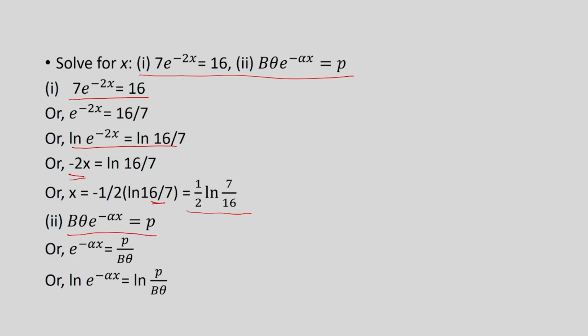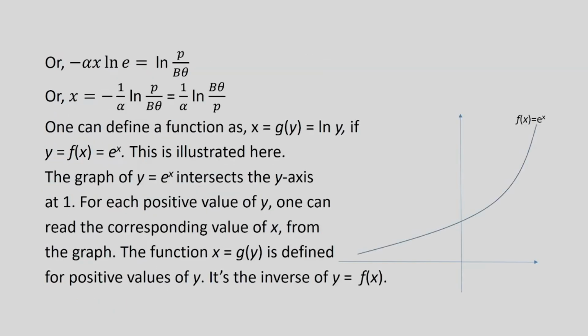So, I take these constants b theta to the right hand side, and then I take the natural log of this e, log of e to the power minus alpha x is equal to log of p divided by b theta, and this will simply become minus alpha x, right, because log of e is equal to 1, and on the right hand side I have log of p divided by b theta, and so I get x is equal to 1 divided by alpha, minus of that, multiplied by log of p divided by b theta, and again I use the rule for quotients and I get 1 divided by alpha log of b theta divided by p. Okay, so this is how we solve for x.